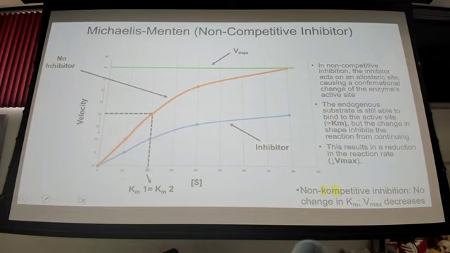Hence, you have a reduction in Vmax. Does that make sense? Yes, it's reversible if the inhibitor detaches or if the inhibitor is removed from our system. That's a good question.